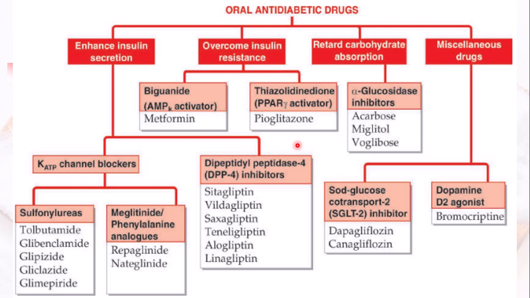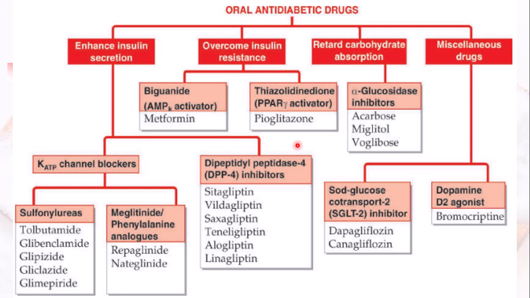So this enzyme is responsible for the breakdown of the incretins, including GLP-1, that is glucagon-like peptide 1, and the glucose-dependent insulinotropic peptide. These agents inhibit dipeptidyl peptidase 4 to increase the active incretins.